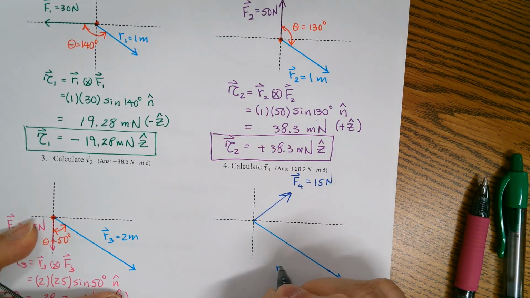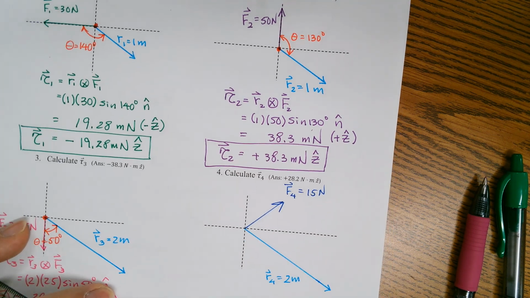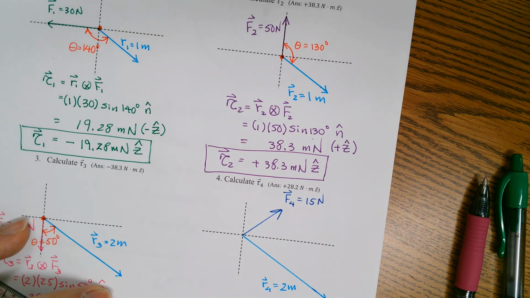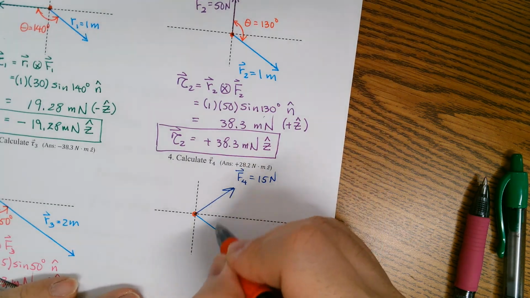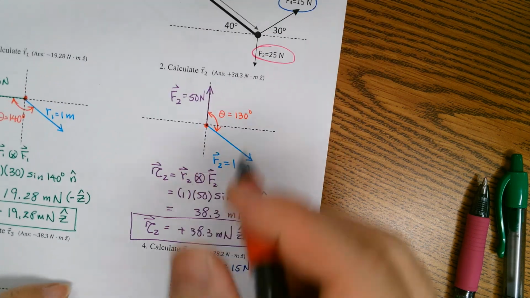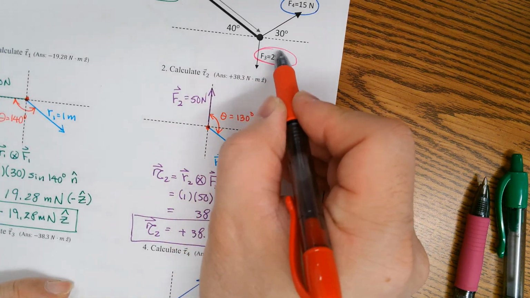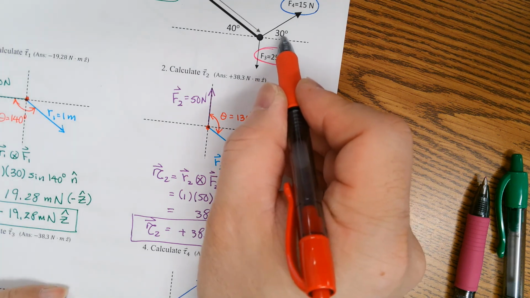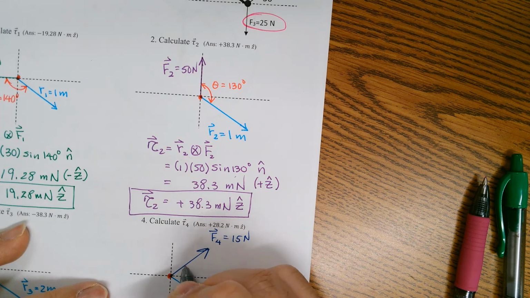Here's the common pivot point again. What is this angle here? If I were to continue this, this should be 40, and 40 plus 30 should be 70 degrees.